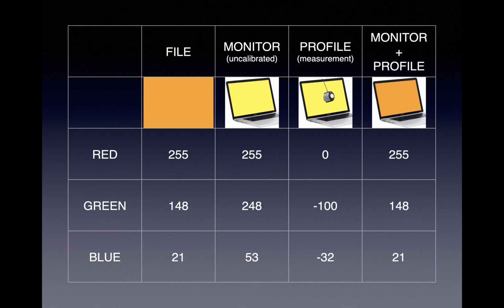And then finally, if you put the monitor and the profile together, you will see that the red value being asked for by the file is shown on the monitor, the green value is also shown, and the blue is also shown. The corrected, calibrated, profiled version of your monitor now matches your file.